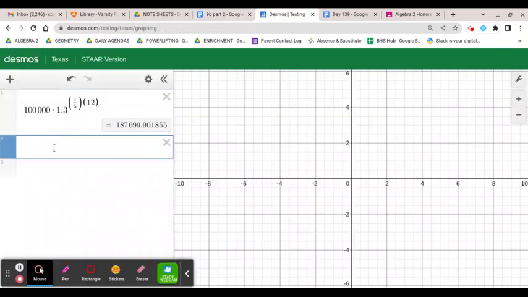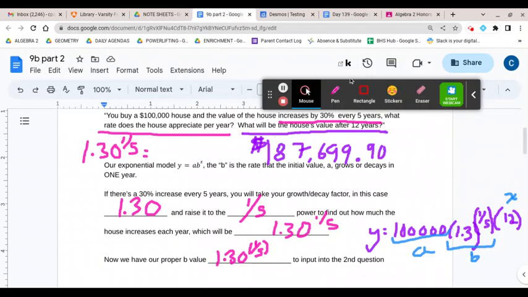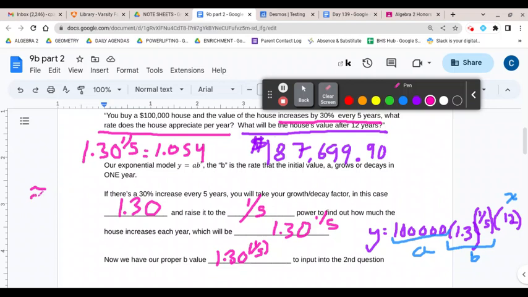I don't want to have to do this though, because we're going to get some numbers that are a little inaccurate if we do it there. So 1.30 to the 1/5 power is about 1.054. And 1.054 is about 5.4% per year.